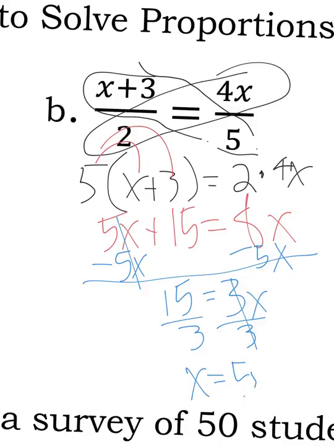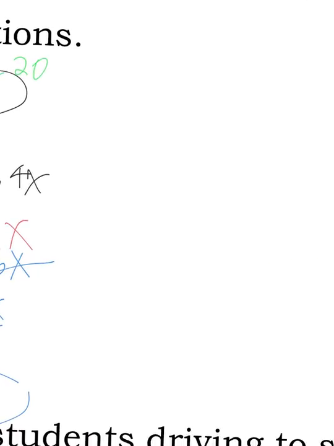Okay. And let's plug it back in. 4x would be 4 times 5. That's 20. What's x plus 3? That's 5 plus 3. That's 8 for this one. So, yeah, 8 over 2 is 4. What's 20 over 5 equal? That's 4. See? They're proportional.